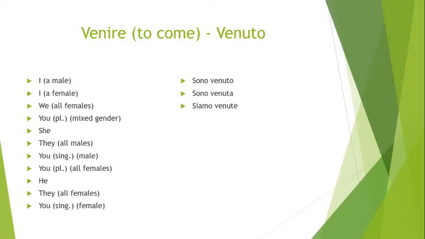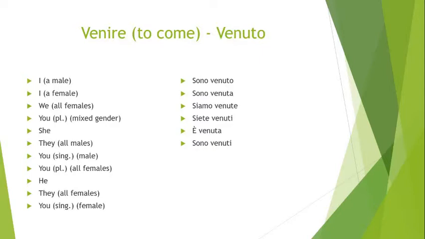We are come. And venute is plural, feminine. You guys, you plural, mixed gender, siete venuti. She came. È venuta. They, a group of all males, sono venuti.